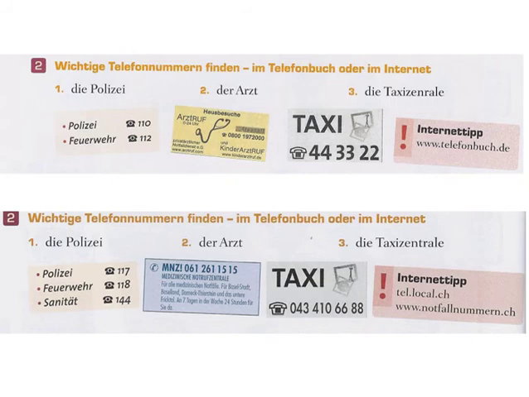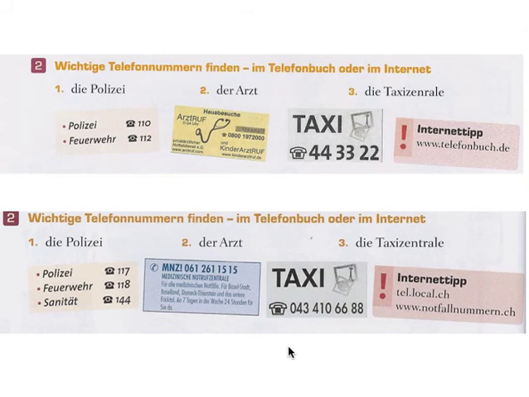So let's repeat. Die Polizei, der Arzt, die Taxizentrale. So, of course, here's the phone number for the police or the firefighters, here for the doctor, and here if you need a taxi. But what is the difference between these two?